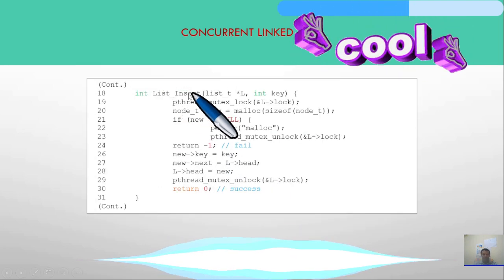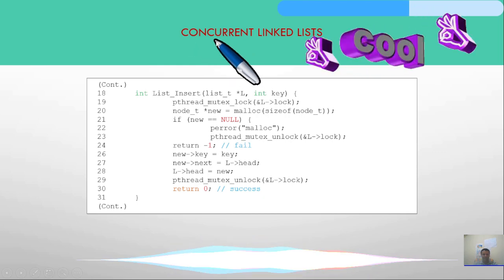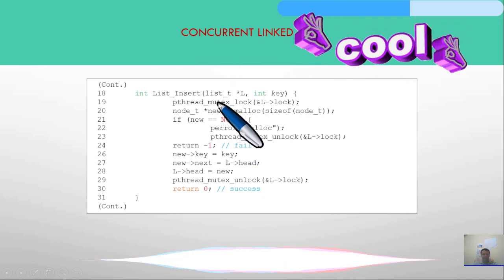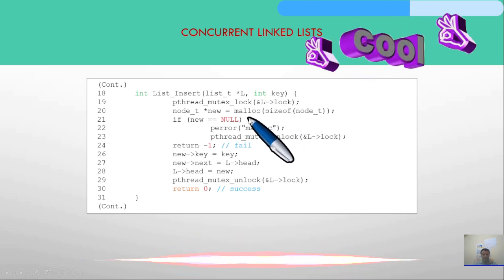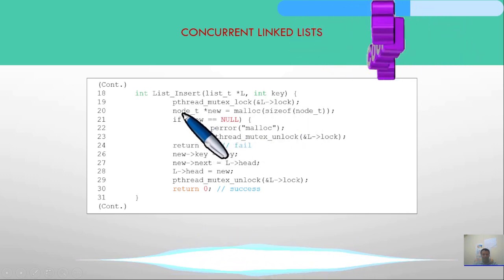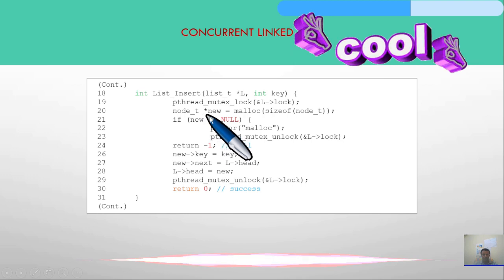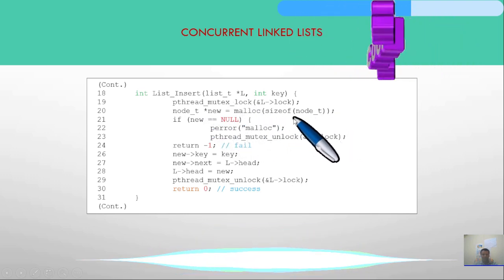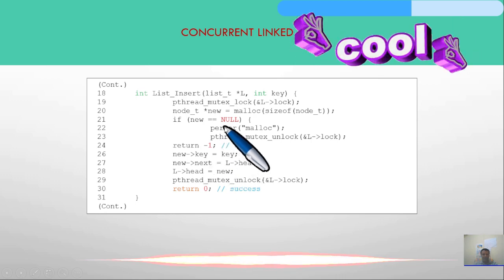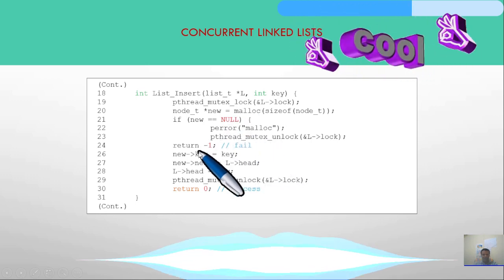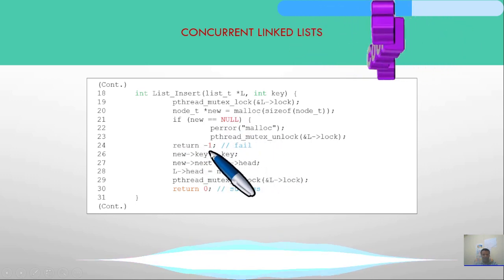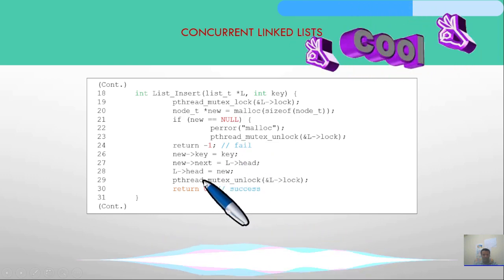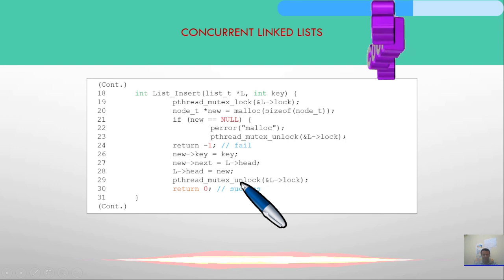In the list insert, again this concurrent linked list, in the insert we have pthread mutex lock, and as you can see here, node_t, we have new pointer. This is malloc, the size of node_t. And here, if the return is 1, it is fail, and if it is 0, it is success. As usual, we unlock.